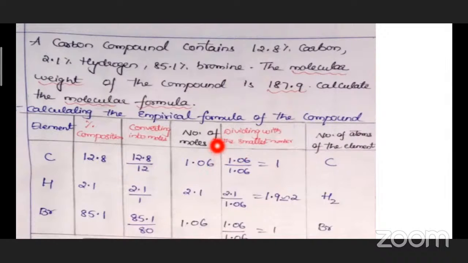Now observe among these three values: 1.06, 2.1, 1.06. Which is the smallest one? 1.06 is the smallest one. Two values are common, 1.06 and 2.1. So 1.06 is smallest, and we are dividing these three values by 1.06 each. So 1.06 by 1.06, 2.1 by 1.06.